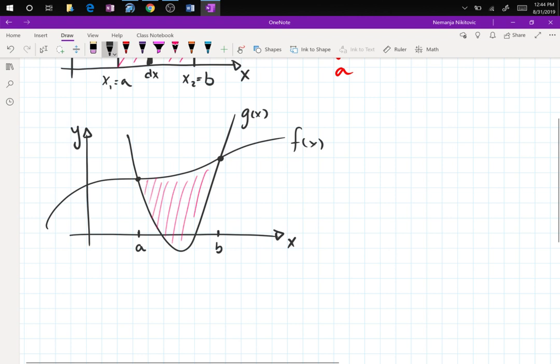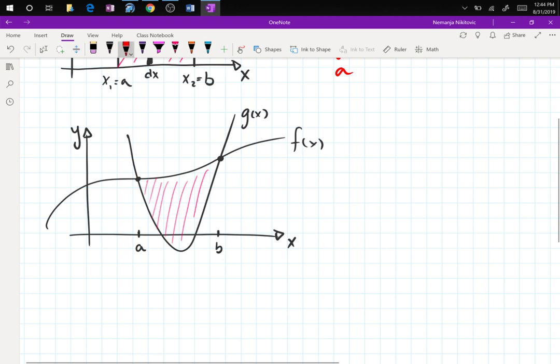And the question is, how do we get those? Well, you get those when you set f equal to g, because they share the same y value. They share the same x value. So by equating the two functions to each other, you will get x equals a and x equals b as answers.